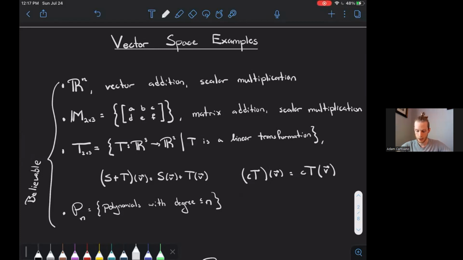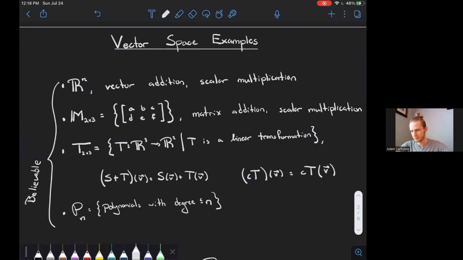And if you check with some actual linear transformations from R3 to R2, write down their standard matrices and then ask what do these operations do to the standard matrices, you'll find they're exactly the output of matrix addition and matrix scalar multiplication. So these are secretly kind of the same vector space in some sense.